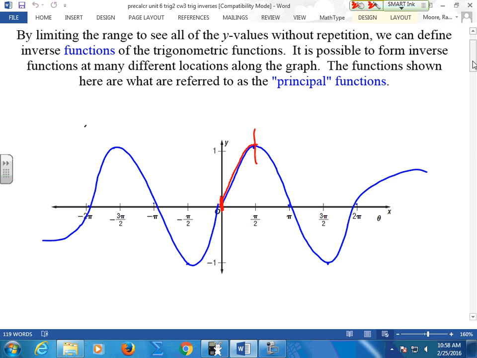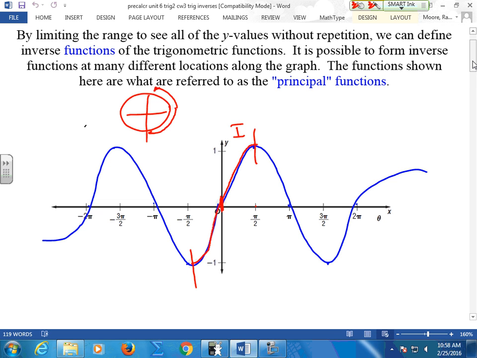So this is from 0 to 90. From 0 to 90, according to my circle, is quadrant 1, right? Now, I notice I'm okay if I go backwards. Did I fail yet? No. Whoops, I just failed. So I went from 0 to 90, and I went from 0 to negative 90.